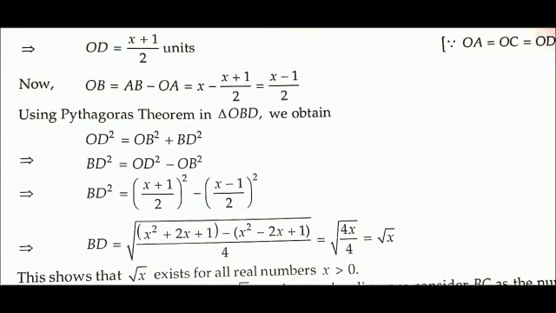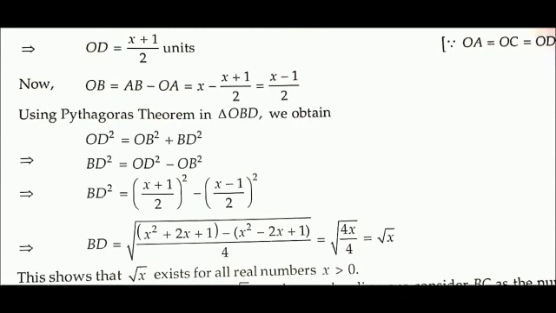Just follow the diagram, which we have x minus (x plus 1) by 2. On simplification, it is (x minus 1) by 2. Now using Pythagoras theorem in triangle OBD, we obtain OD square is equal to OB square plus BD square. That is, hypotenuse square is equal to base square plus perpendicular square.